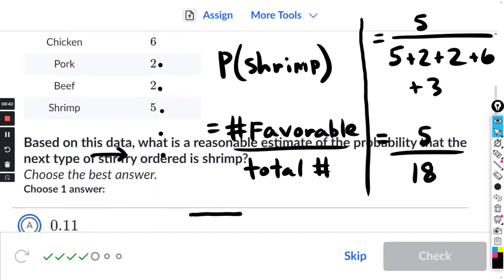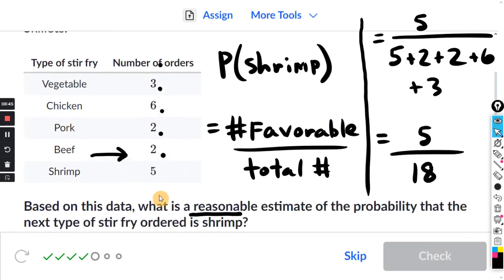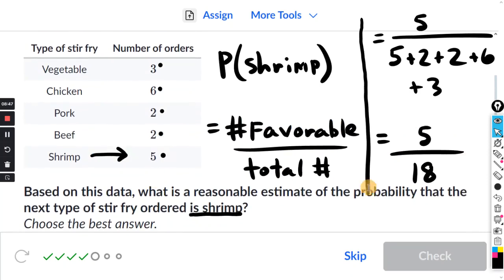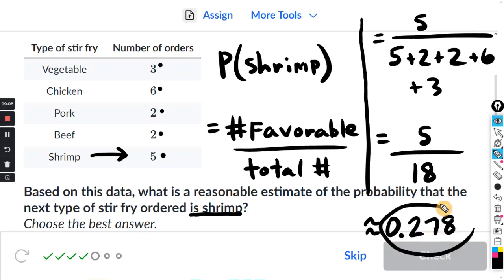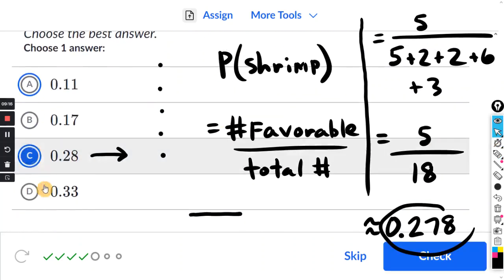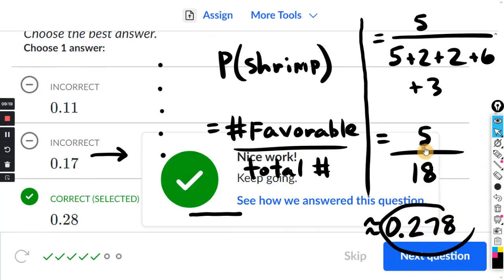Their choices are all decimals, so we don't have to do the percentage. We are just going to do 5 divided by 18 and round it off. Rounding off, I get 0.278. Theirs is probably going to be rounded off to 2 decimals, so probably 0.28. There you go, answer C, 0.28.